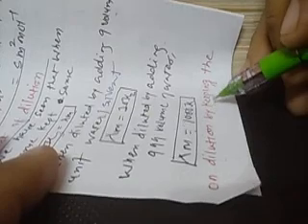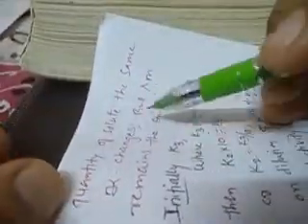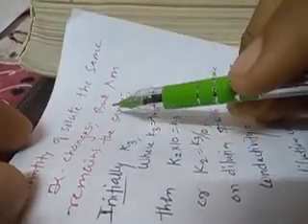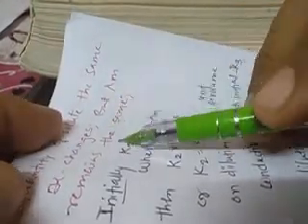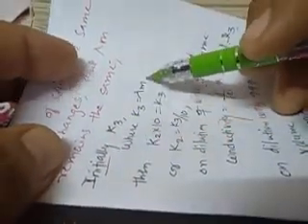So on dilution, keeping the quantity of solute the same, kappa changes, but lambda m remains the same. Let us understand it. Initially it was kappa 3, so kappa 3 was lambda m.